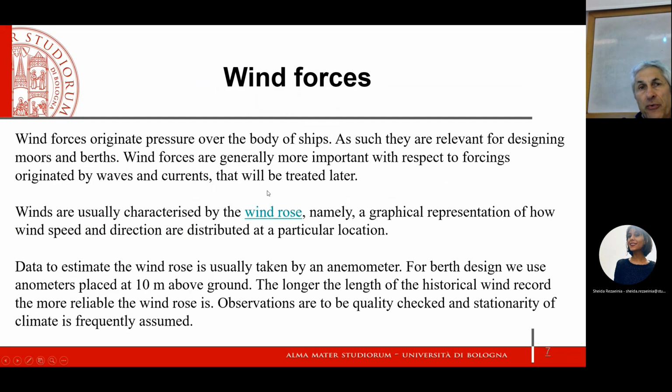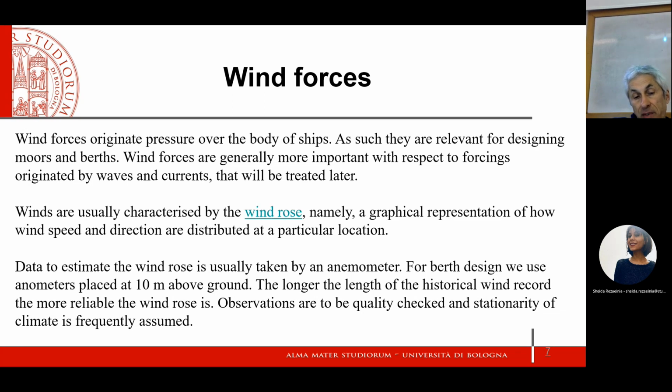Okay, so wind forces, let's start with the wind forces. As I said, wind is putting pressure over the ships. The ships have a large surface, which is mainly concentrated along the longitudinal axis of the ship, but also on the transversal part of the ship, there is a considerable surface that is exposed to winds.